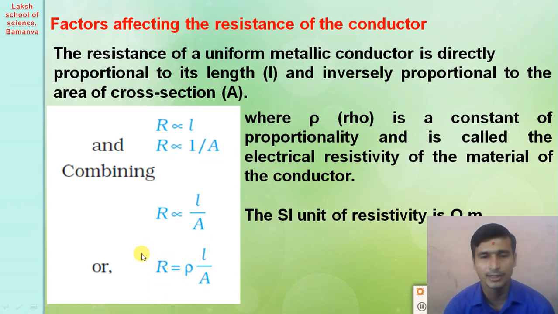So we get the equation: the resistance of the conductor is R = rho L divided by A, where L is the length of the conductor, A is the cross section area of the conductor, and rho is called the resistivity of the conductor.